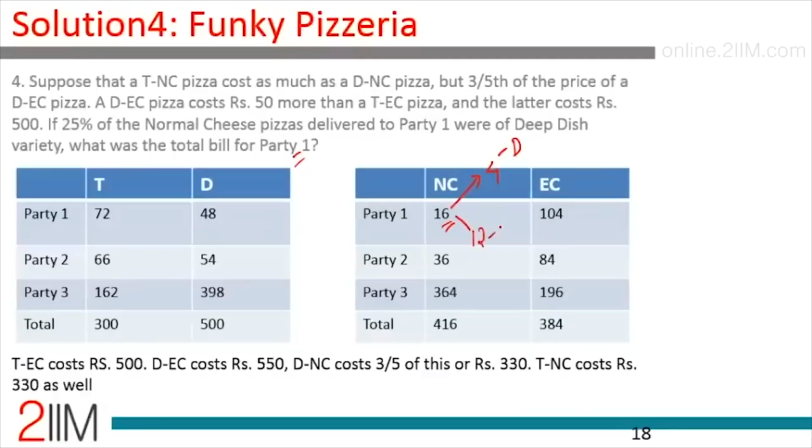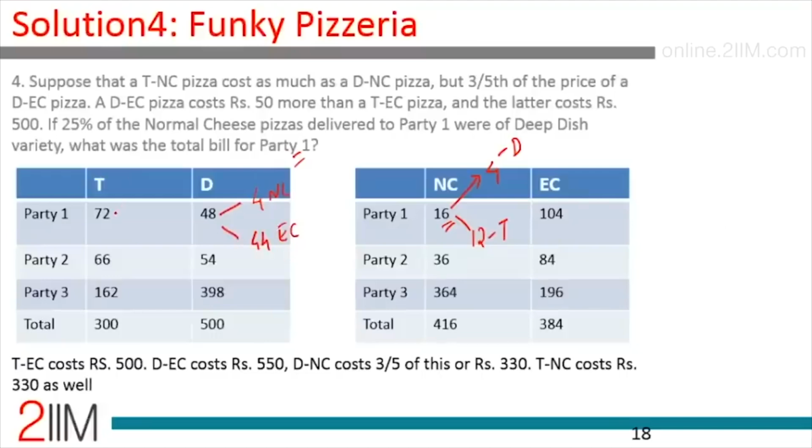Remaining 12 would have been thin crust. So out of these 48, 4 are normal cheese, so remaining 44 should be extra cheese.